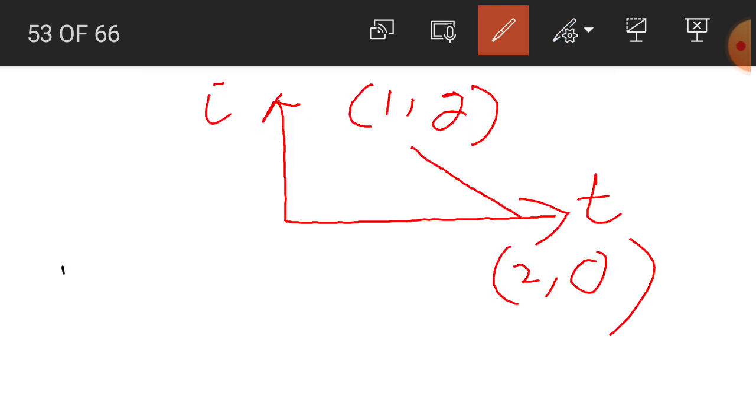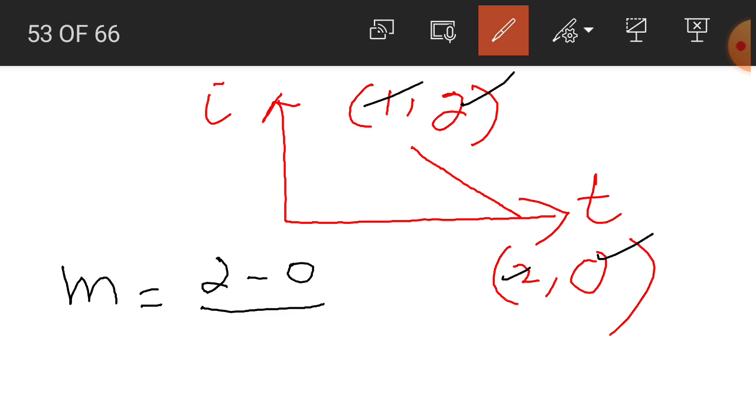The slope of this line will be equal to I2 minus I1 by T2 minus T1. So I2 is 2 and I1 is 0. So we have 2 minus 0. So T2 is 2, T1 is 1. So we have 2 minus 1. Okay, I have made a mistake.